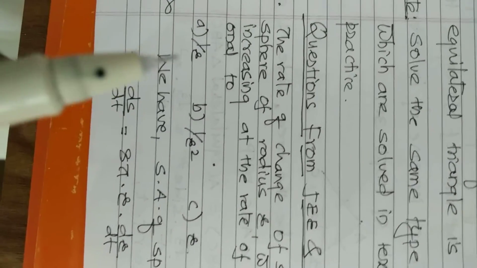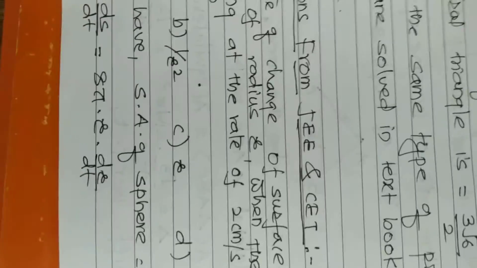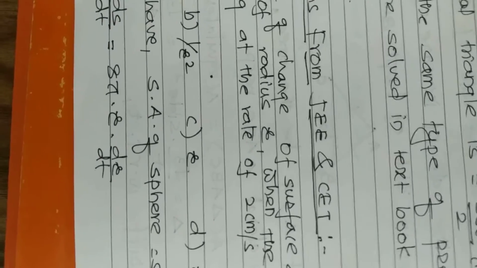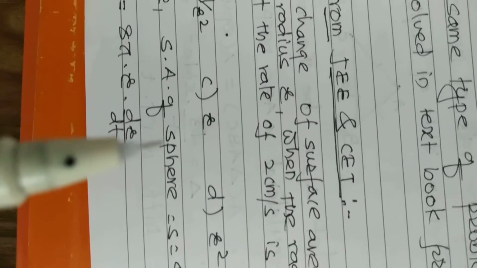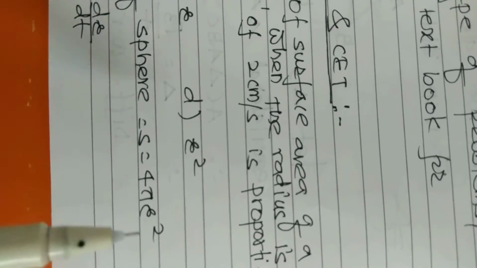We have to calculate: 1 upon r, r, or r². So the surface area of a sphere, like a soap bubble, is 4πr².